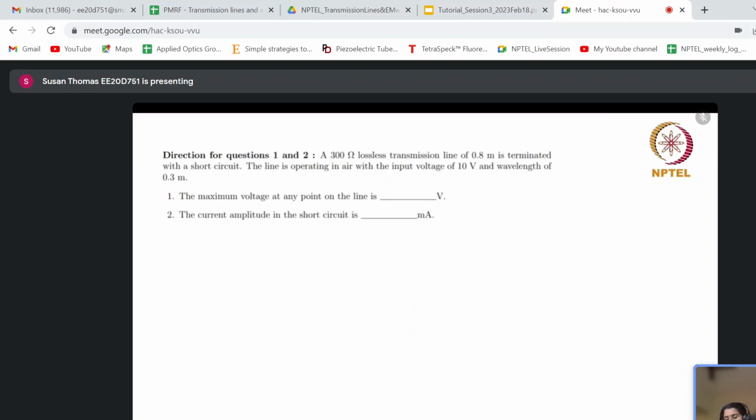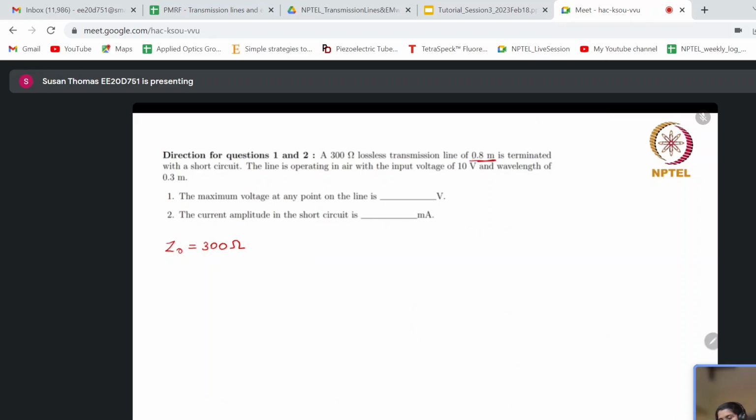So let us discuss the first question: a 300 ohm lossless transmission line of 0.8 meters is terminated with a short circuit. Here let us note down the things. Z0 is 300 ohm.